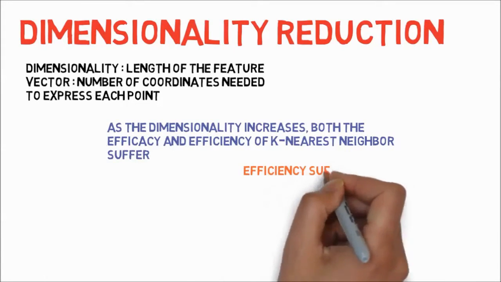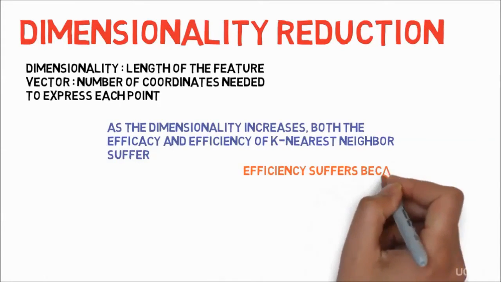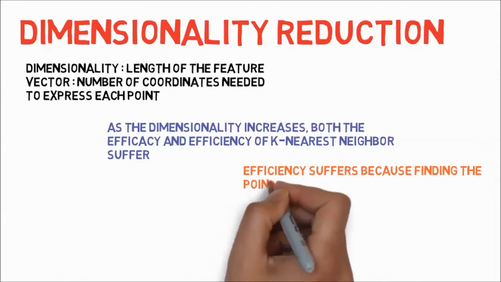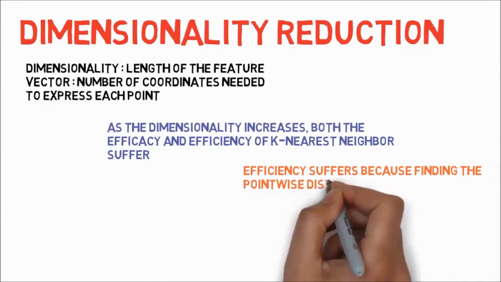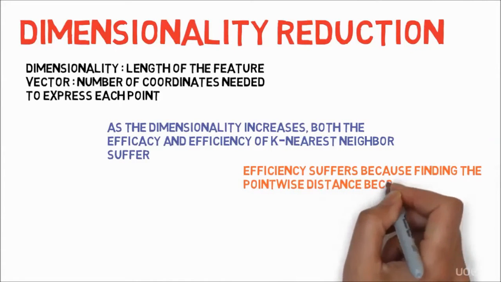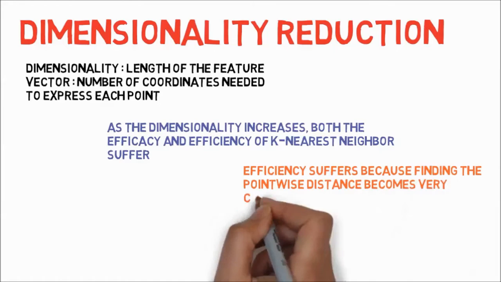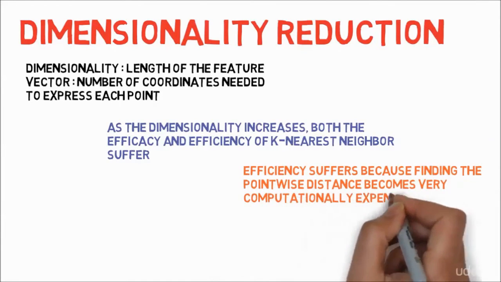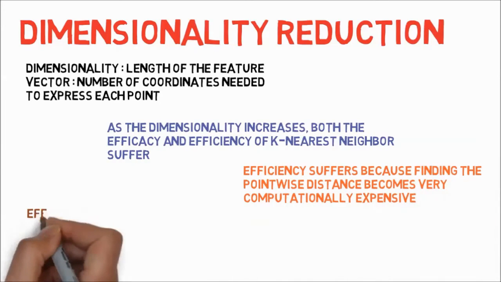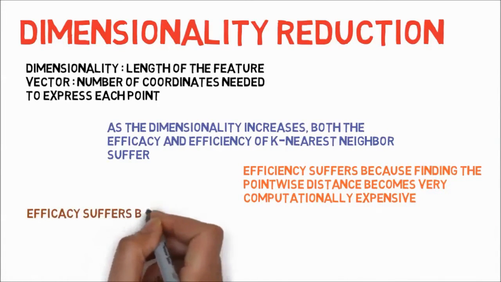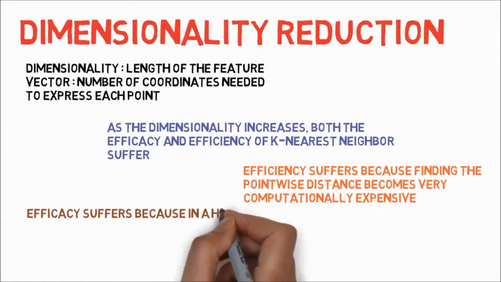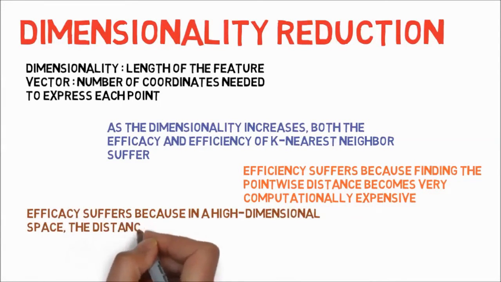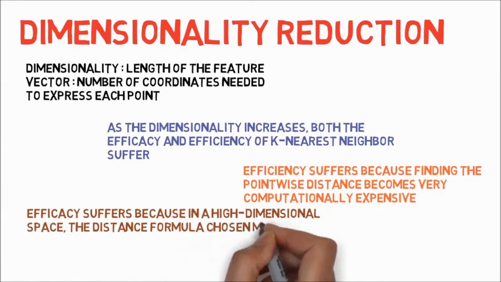The efficiency suffers because finding the point-wise distance between very high dimension vectors is highly computationally intensive. It would require element-wise operations on this high number of dimensions. Efficacy can also suffer because in such a high dimensional space, it might be really difficult to differentiate between points.